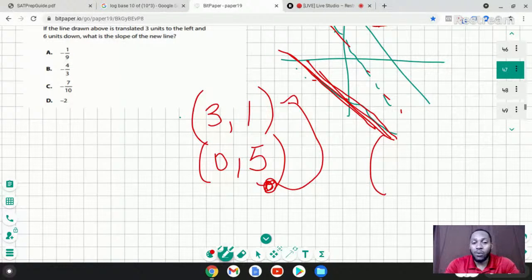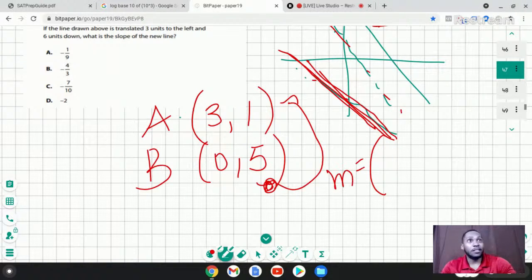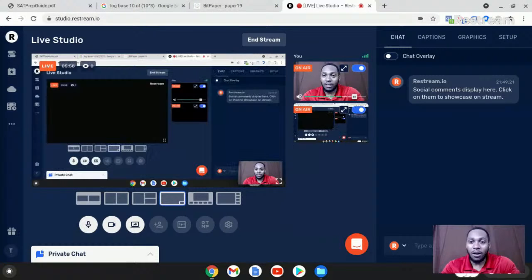Let's say I call this point A and I call this point B. So the slope, they usually denote it M. So the slope is what?